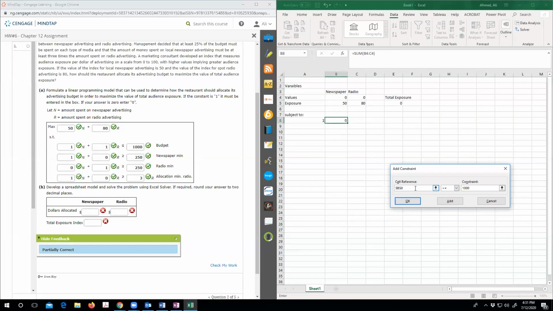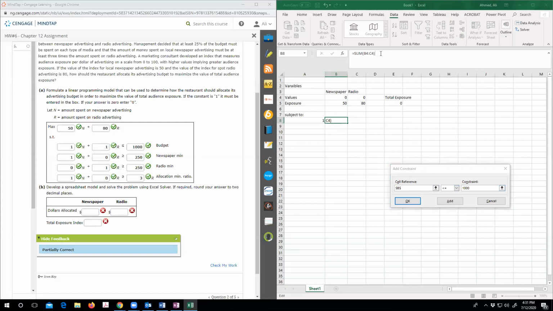Getting my point or not? Another way to do it would be selecting B4 plus C4 is less than or equal to 1000, but I cannot do that in this cell. This cell can take just one cell. So I have to make a cell here, which is just the sum of B4 and C4.